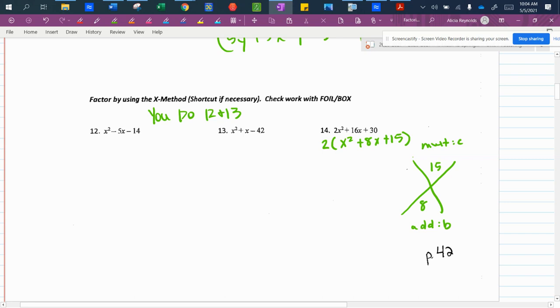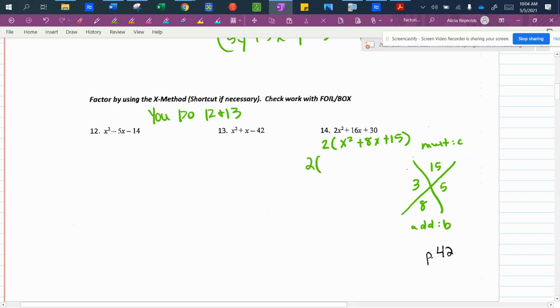The only factors of 15 are 1 and 15, 3 and 5. So that makes this kind of easy. Always start by listing your factors, and then from that list, pick which pair gives you your sum. Does that make sense? So list the factors first, then use that list to find your sum.